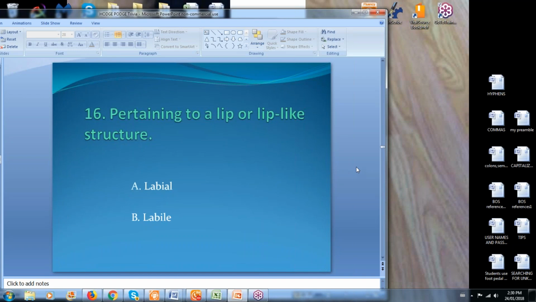Okay, 16. Pertaining to a lip or lip-like structure, is it A, labial, L-A-B-I-A-L, or B, labile, L-A-B-I-L-E? I'll give you a minute to think about that.